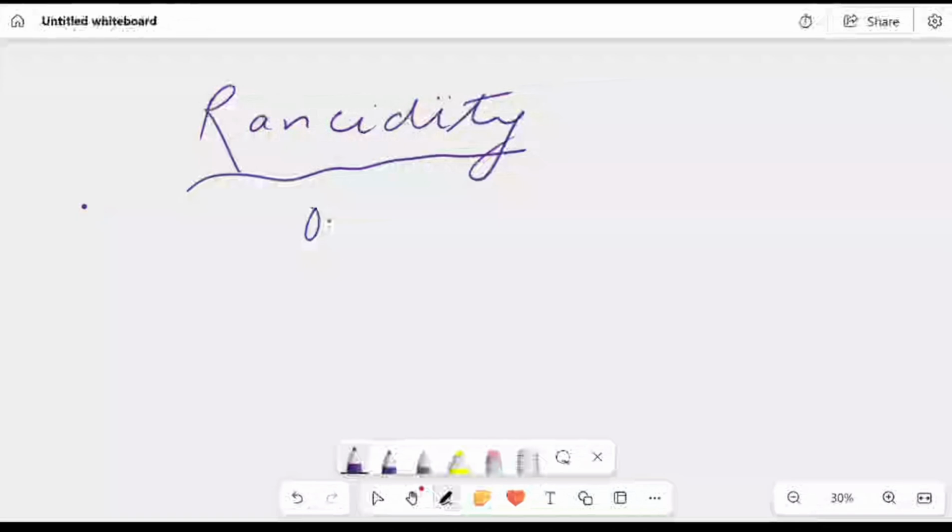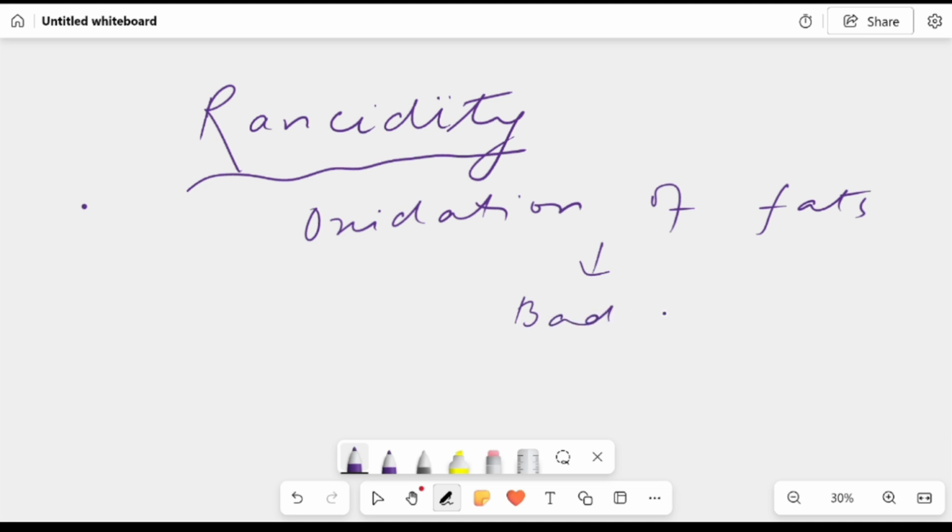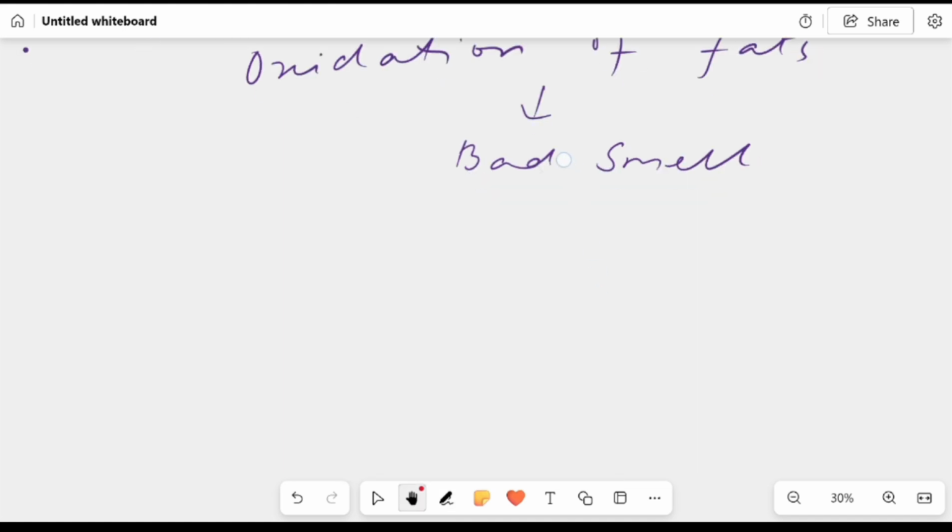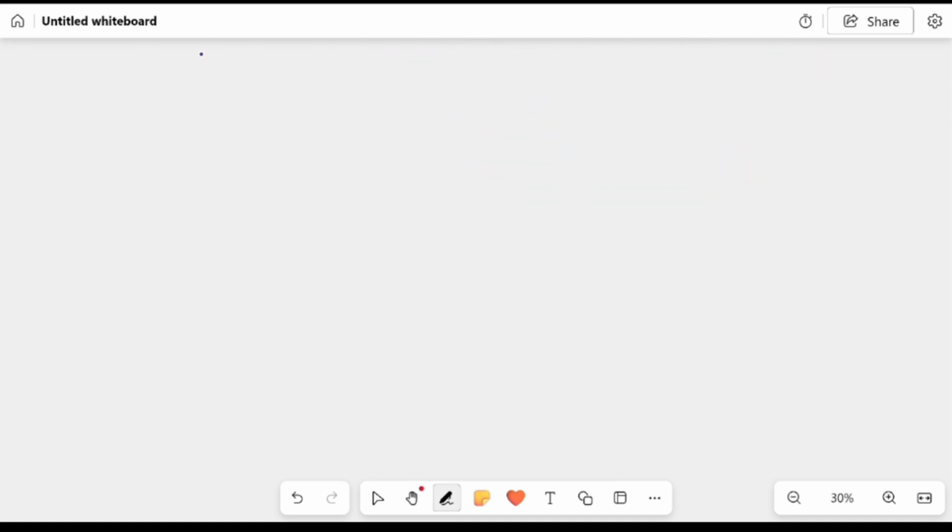It is the oxidation of fats. It leads to bad smell. Oxidation of fats leads to bad smell, and this particular feature is known as rancidity.